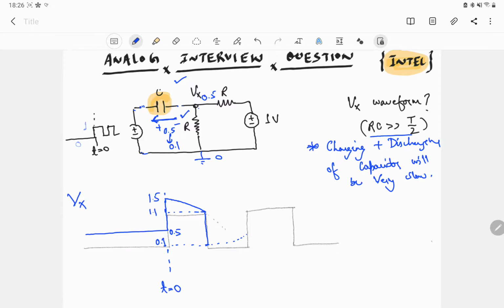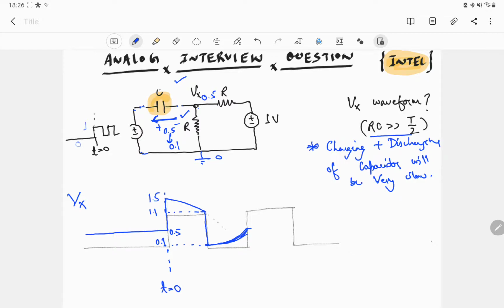It will go something like this, and then again it will charge to something like this. Let's suppose it will go to 0.5 only actually.